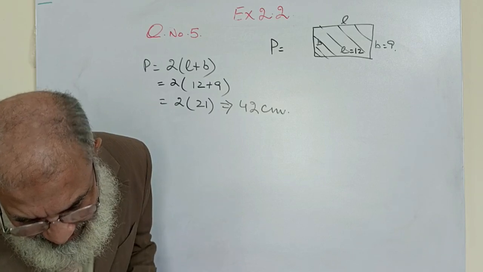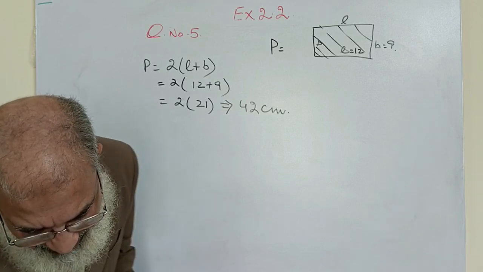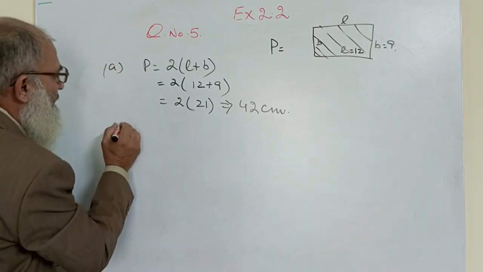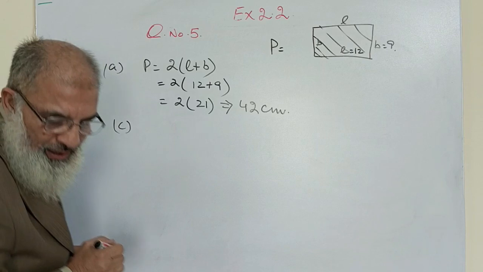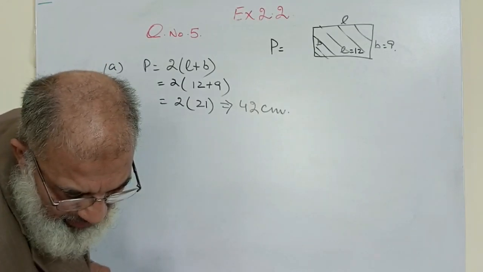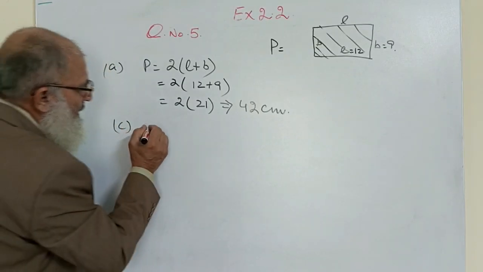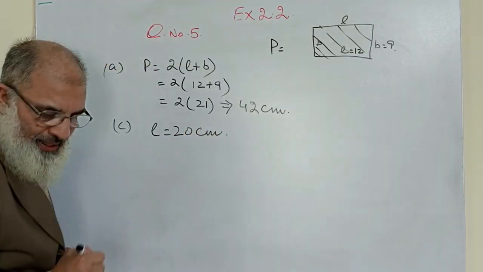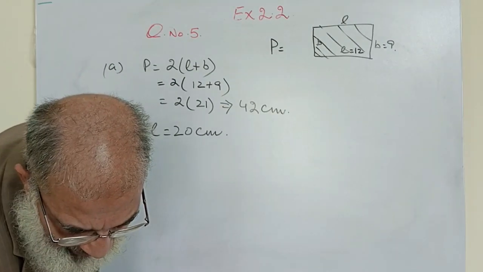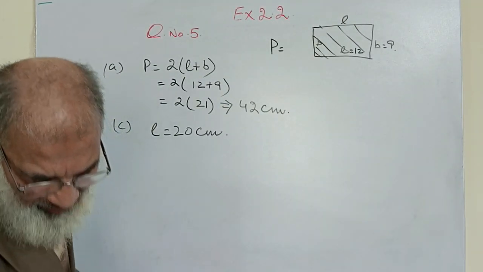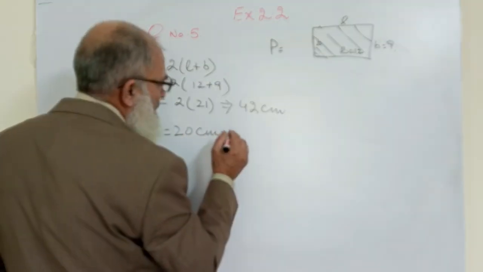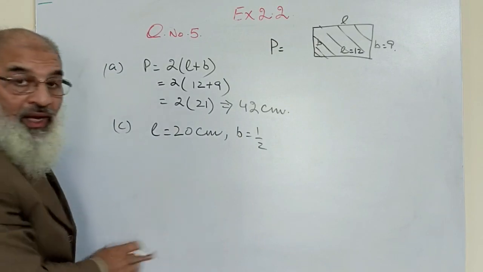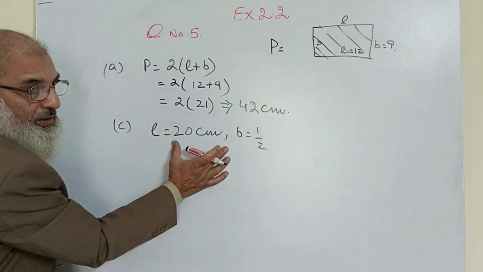B part is exactly the same, but C part, let me check the C part. This was the A part, and now check the C part. And C part says that the length is 20 centimeter and breadth is half as long.